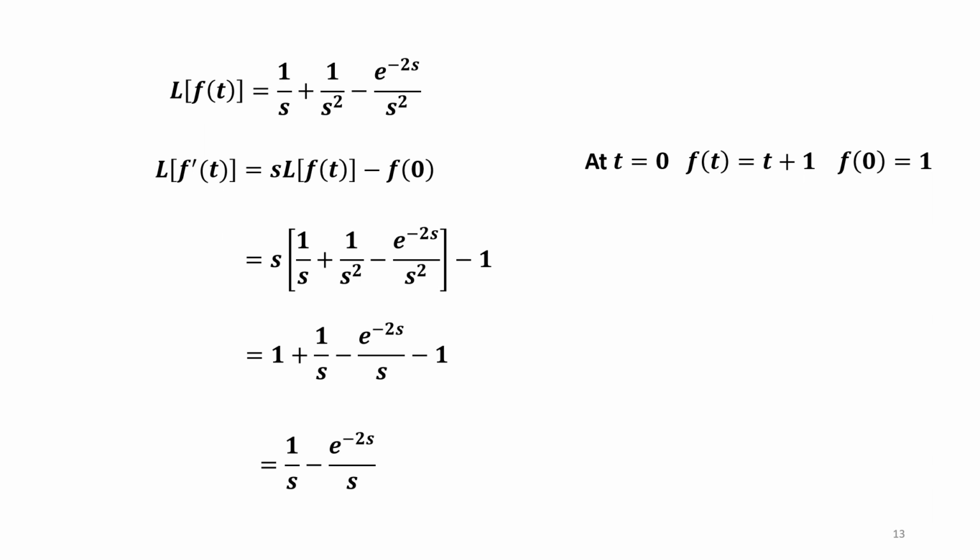So use the formula again and substitute. L of f double dash of t is s square L of f of t minus s into f of 0 minus f dash of 0. We know f of 0 is equal to 1.